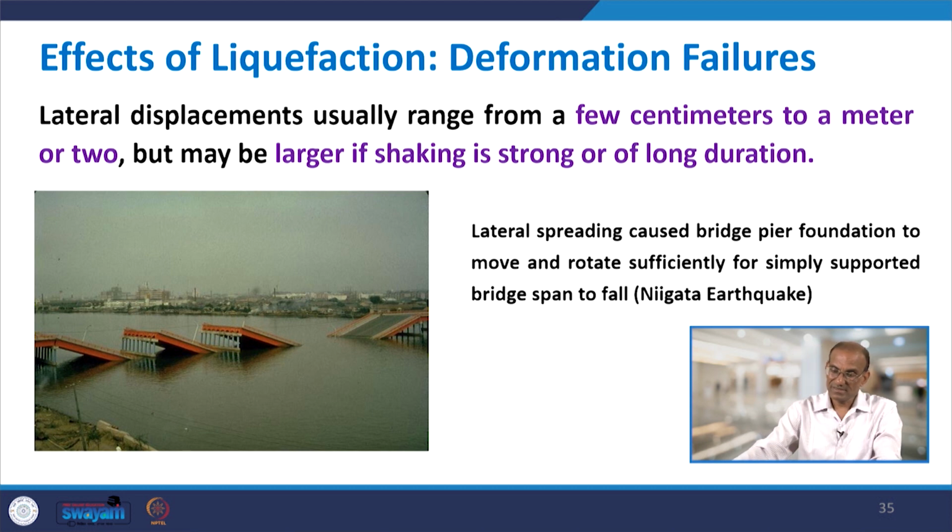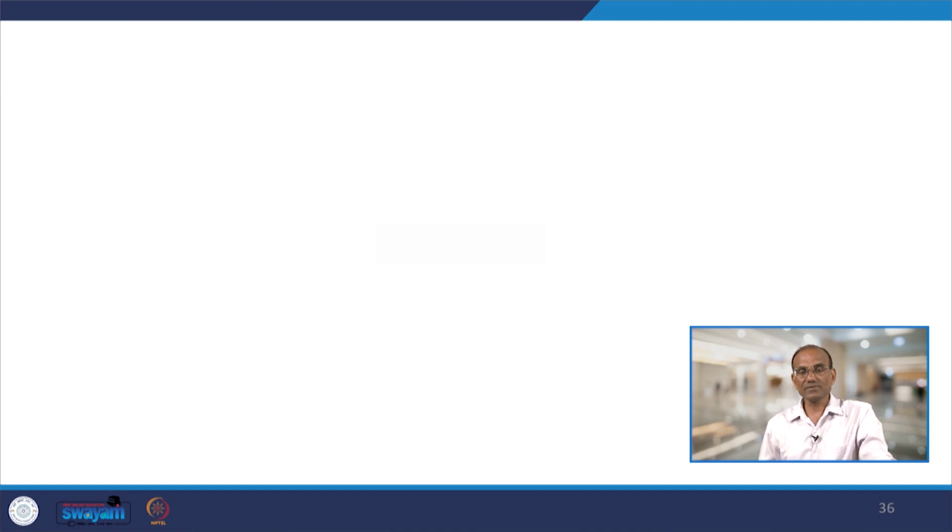So, in this slide there is a lateral spreading which causes the bridge pier foundation to move and rotate sufficiently for a simply supported bridge span to fail. So, this was one of the examples related to deformation failure.